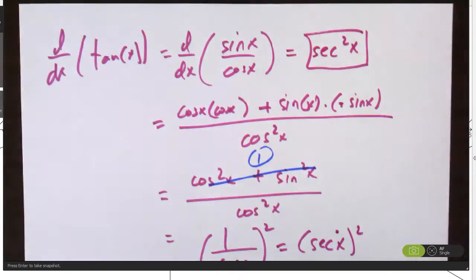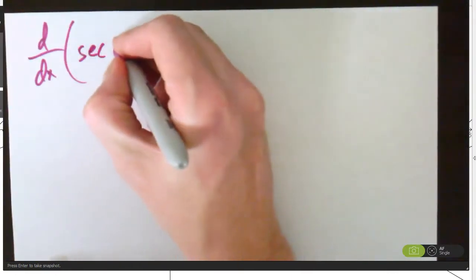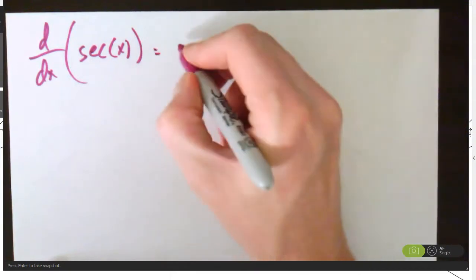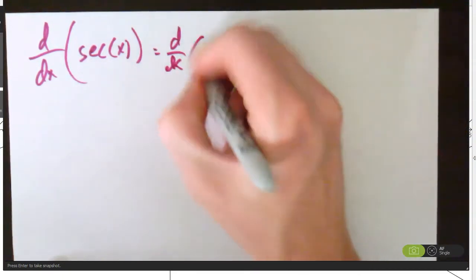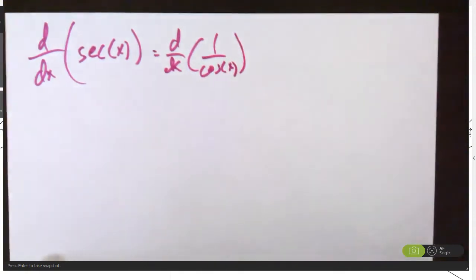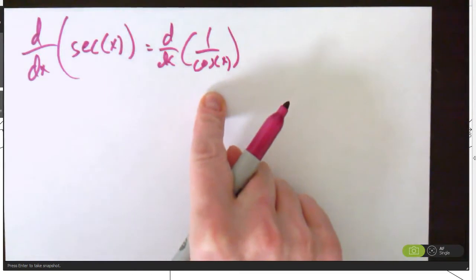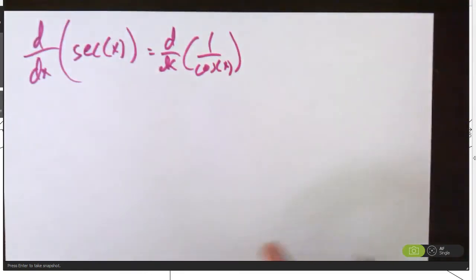Now the other one we could do is the derivative of secant. So d/dx of secant is d/dx of 1 over cosine of x. What we're going to do is the same thing as before. I don't want to do this with the chain rule, I'm going to do the quotient rule here.